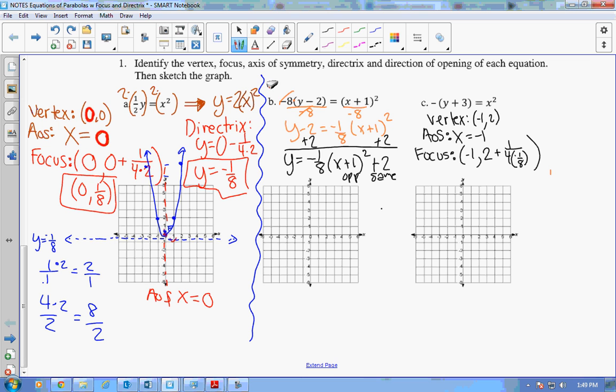Negative 1/8. To simplify this, you need to be careful. Follow order of operations. We need to do multiplication first. 4 times 1 over 8. What's that? Four divided by 8, isn't that 1/2?